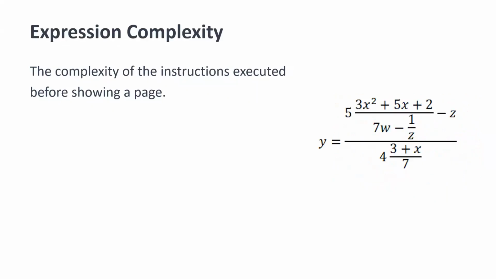What of course also matters is what you are actually doing, and this is what we call expression complexity. Some of the instructions you can do are much more complex than the other instructions, and this metric will tell you if that complexity gets too much.